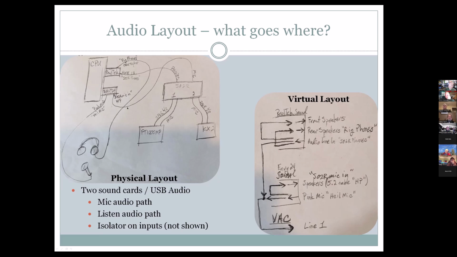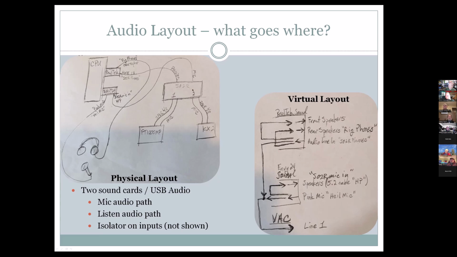This SO2R mic in is the adjustment. It's an output, and we'll cover this in a little more detail going forward, an output that gets adjusted, and that's what sets your microphone input. Your ALC is all generated by the levels on this output here. And then on the other side, on the listen side, you've got the radio output.